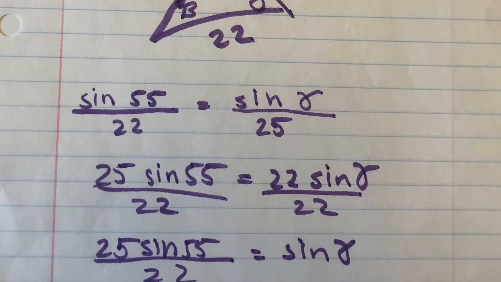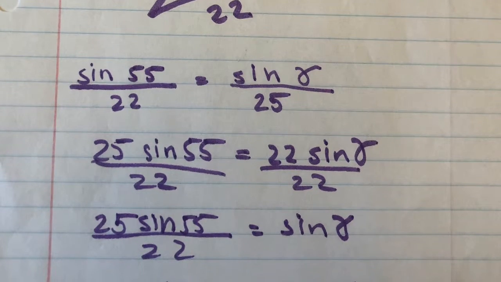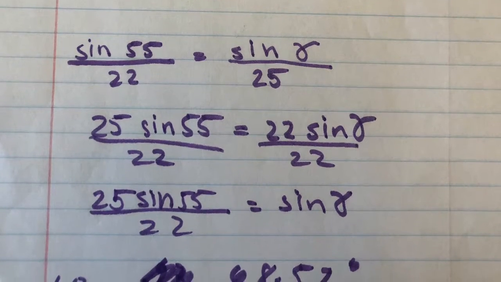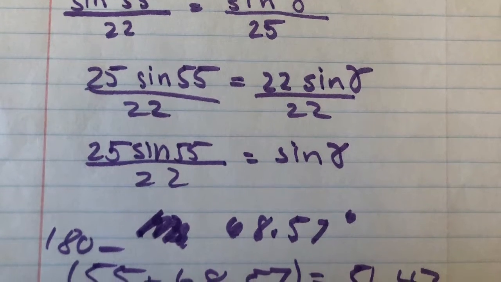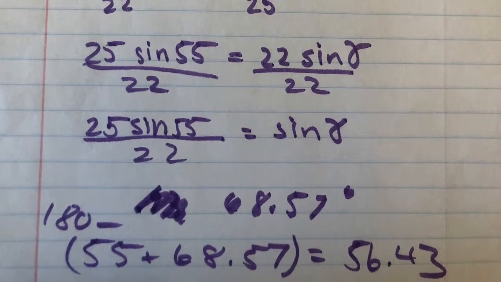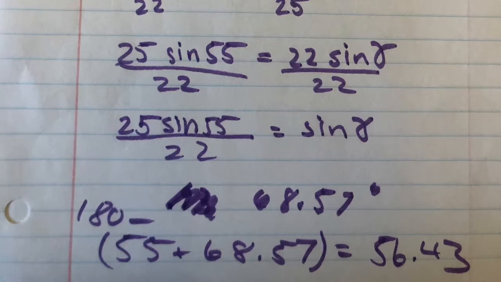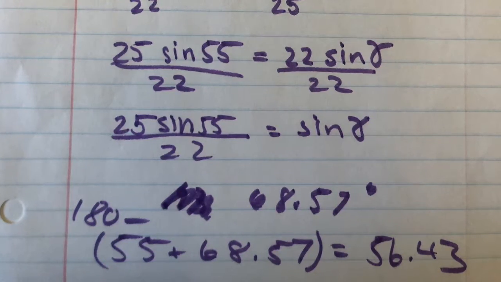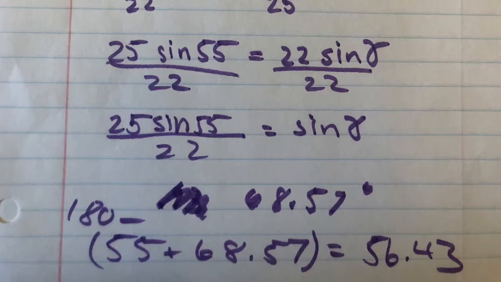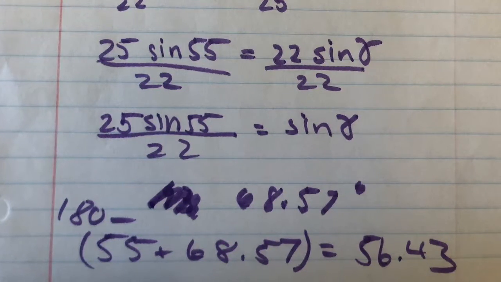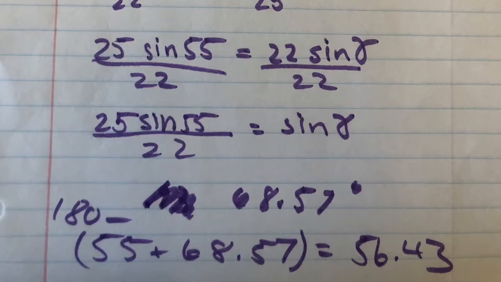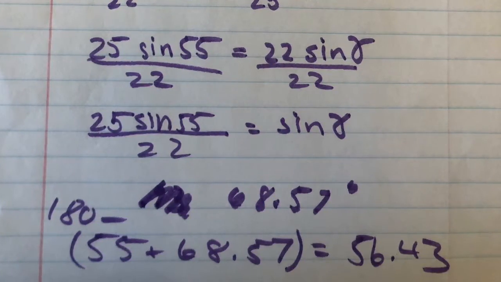We cross multiplied and divided by 22 to get sine of gamma, which gave 68.57 degrees. Then we did 180 minus the sum of 55 plus 68.57, which equals 56.43.